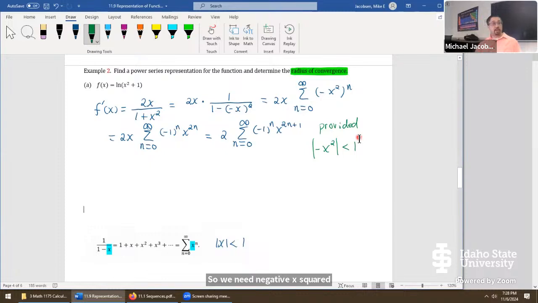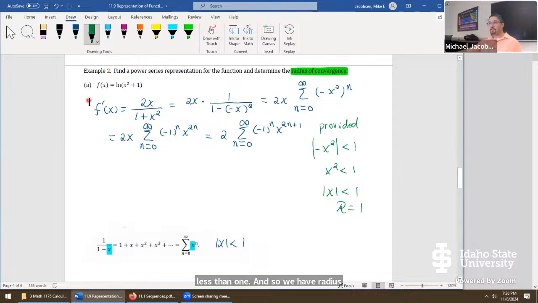Already, this implies that the radius of convergence is 1. No harm if you did extra algebra, you would say x squared less than 1, handling the absolute value symbol. Square rooting both sides gives you absolute value of x less than 1. And so we have radius 1 in this problem.